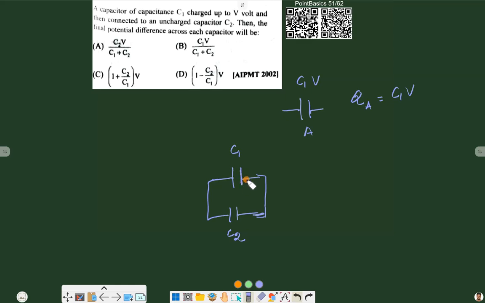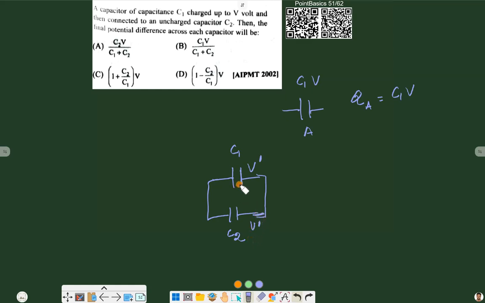From C1, charge will flow to C2 and redistribution of charge will happen until the potential of both of these capacitors becomes equal. So we can say here potential is V dash and here potential is also V dash. So their common potential becomes equal, and after that there will be no charge flowing and no current will flow in the system.